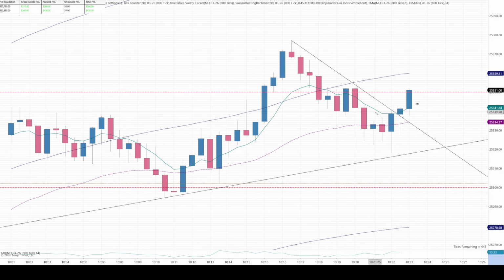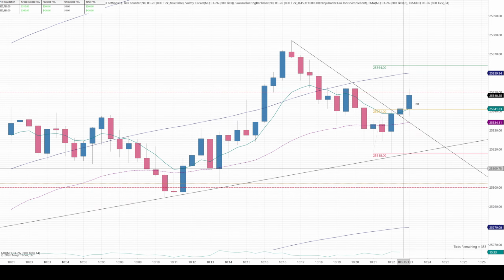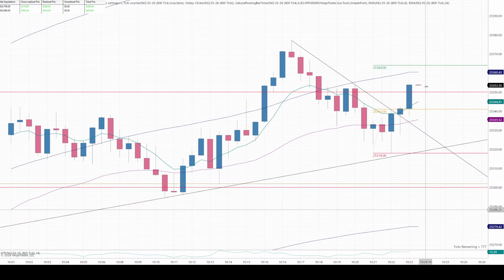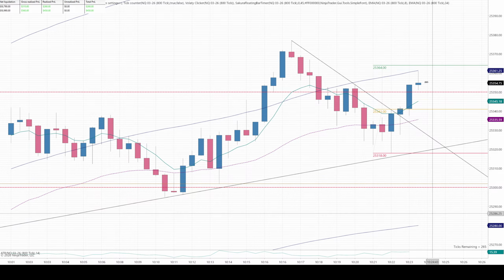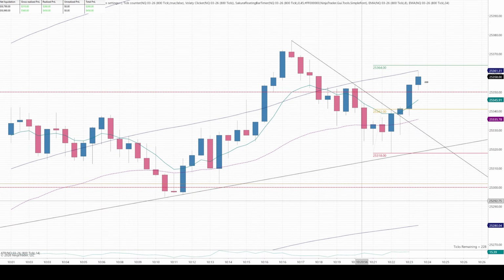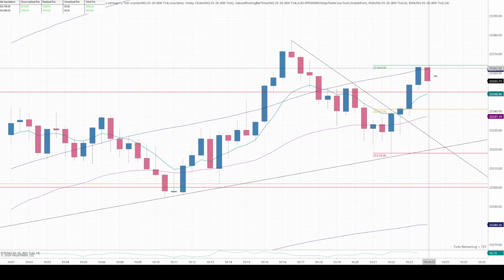So we did trigger to the upside here, but I got a really big candle with a really big measured move, 23 points. We're almost at the target.